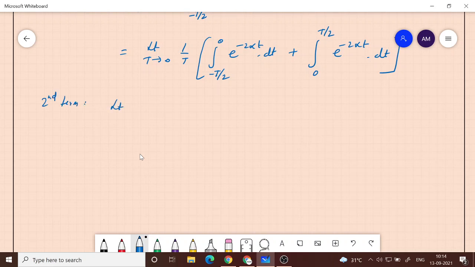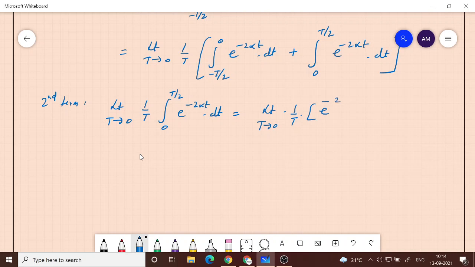That is limit t tends to infinity 1 by t integral 0 to t by 2 of e raised to minus 2 alpha t dt. That is equal to limit 1 by t times the integral, which I am doing now: e raised to minus 2 alpha t divided by minus 2 alpha, evaluated between 0 and t by 2.